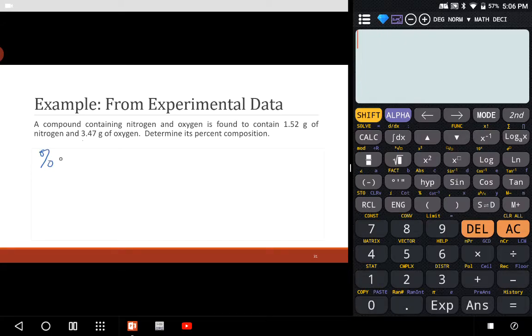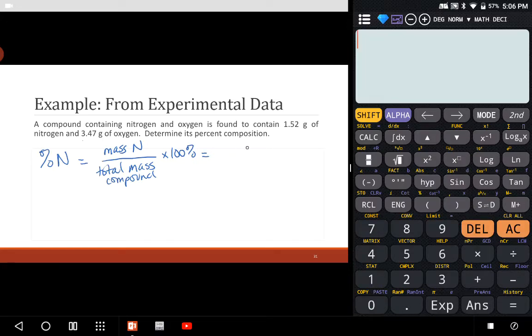And so the percent due to nitrogen would be equal to the mass of nitrogen over the total mass of the compound. Now, we know that the whole compound is made out of nitrogen and oxygen. So whatever that is, we would multiply by 100.